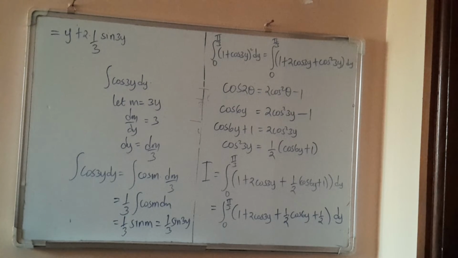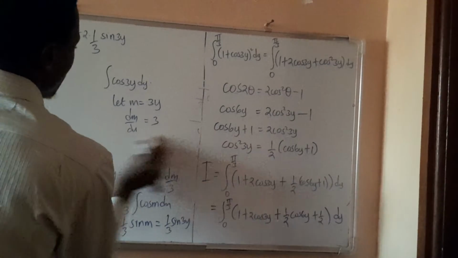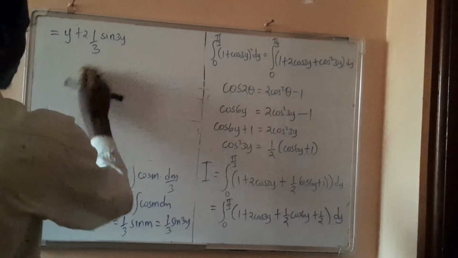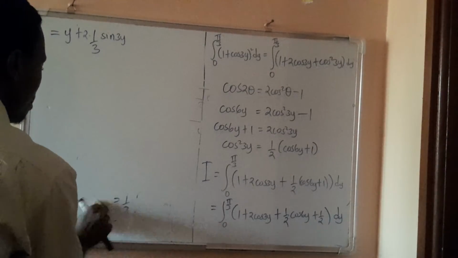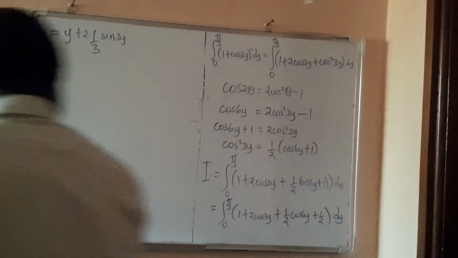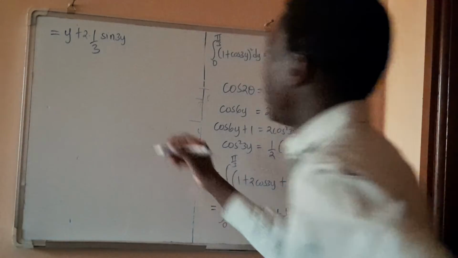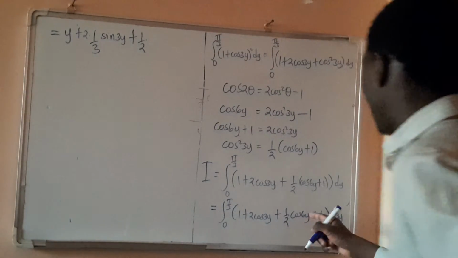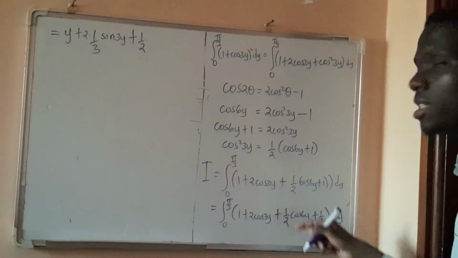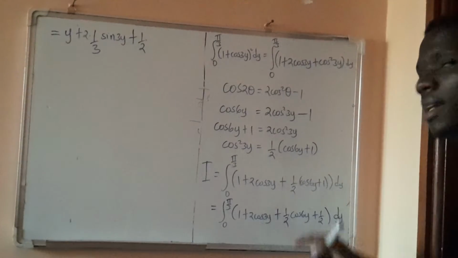So now we can proceed. This was just side work, if you don't know how to integrate cos 3y; that's how we evaluate that integral. So also here, plus half times the integral of cos 6y. You first differentiate the angle, you get 6.